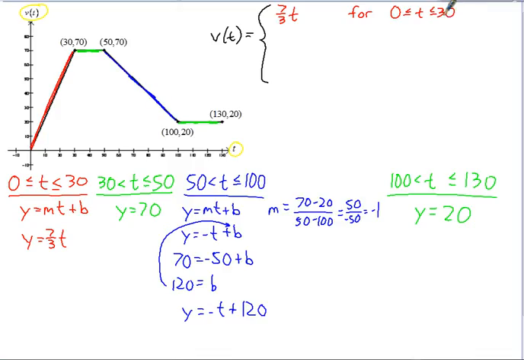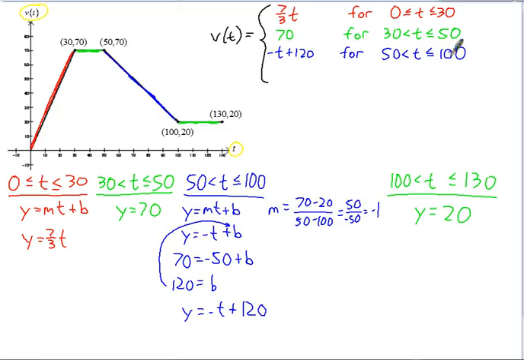The second piece we found was just 70 for the interval 30 less than t less than or equal to 50. The third piece we found was negative t plus 120 for 50 less than t less than or equal to 100.